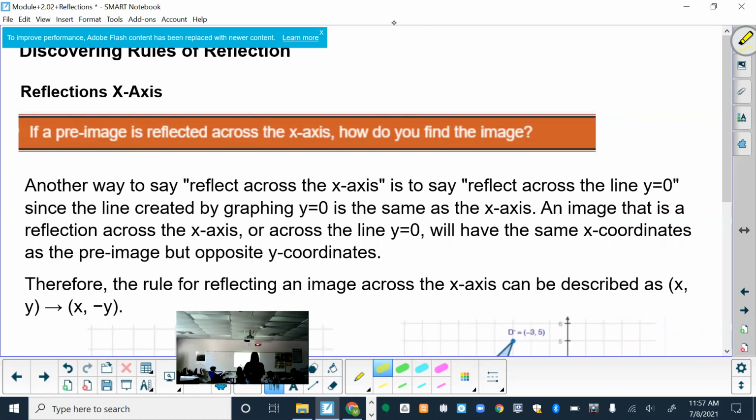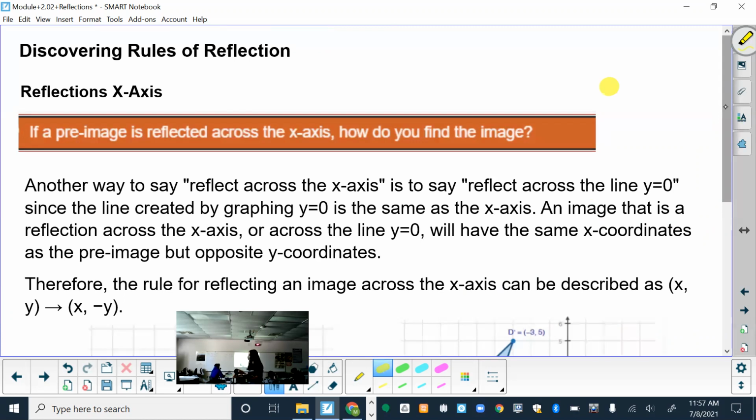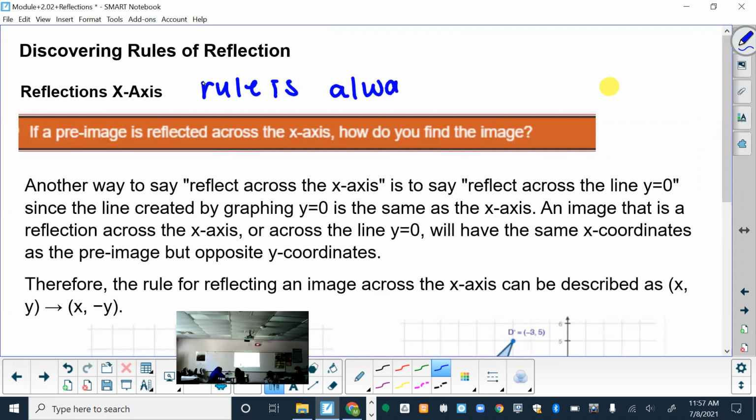So we're going to show you a series of rules, so just bear with me. It's not a whole lot of writing that you have to do, but what I would write, I'll write up here. So anytime we're talking about reflections across the x-axis, the rule is always (x, y) goes to (x, negative y).